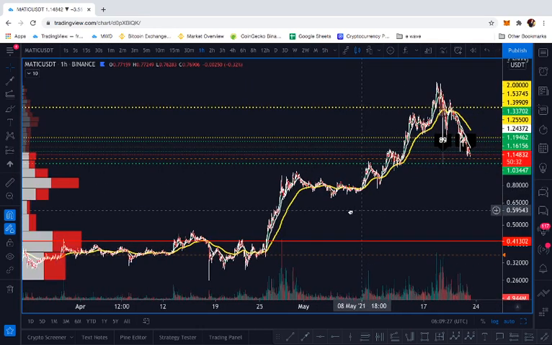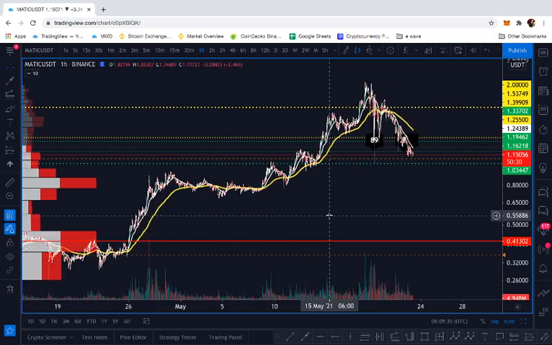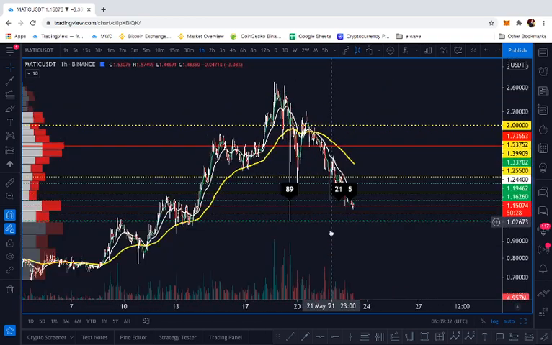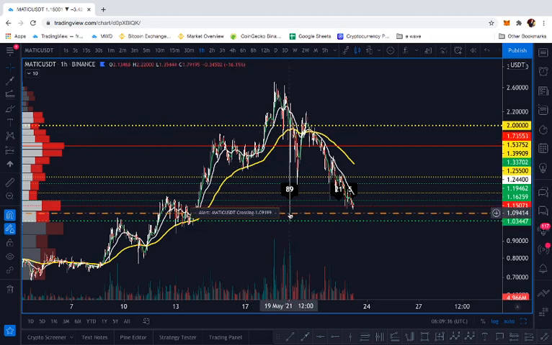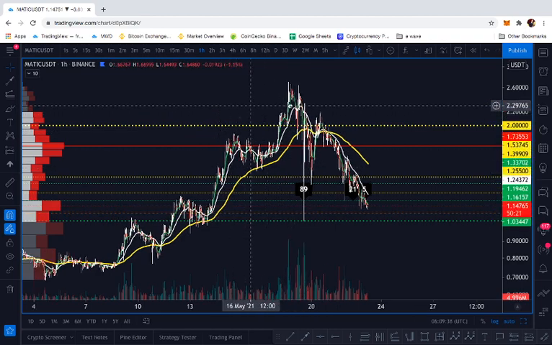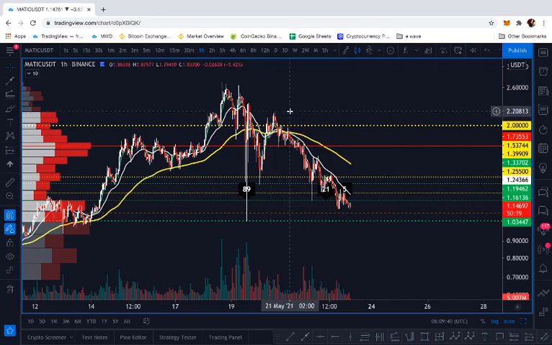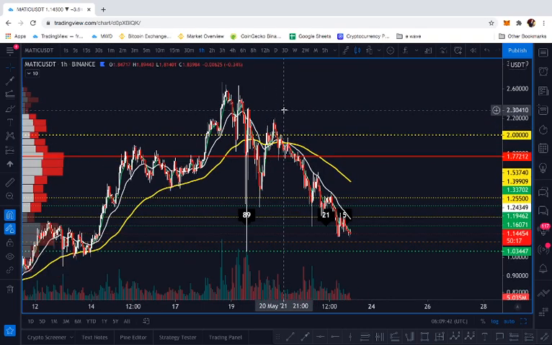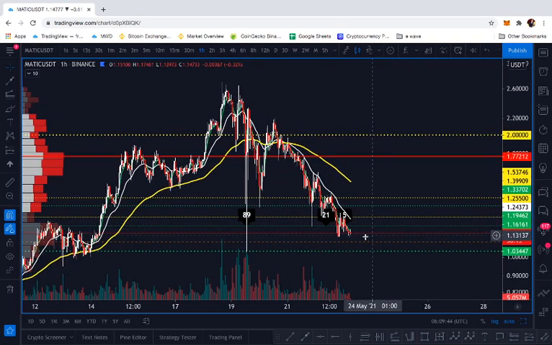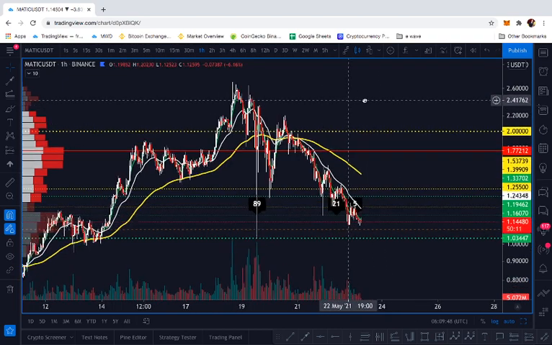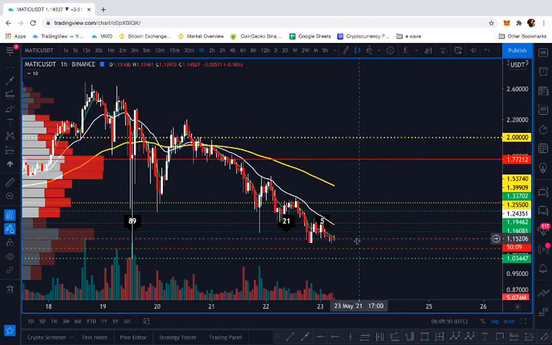So here's the 1-hour chart for these things right here. The 89 is currently on this thing right here, and I'm really expecting a double bottom here. My hope is that we stay above this double bottom, because that's where my stop loss is, to be honest.